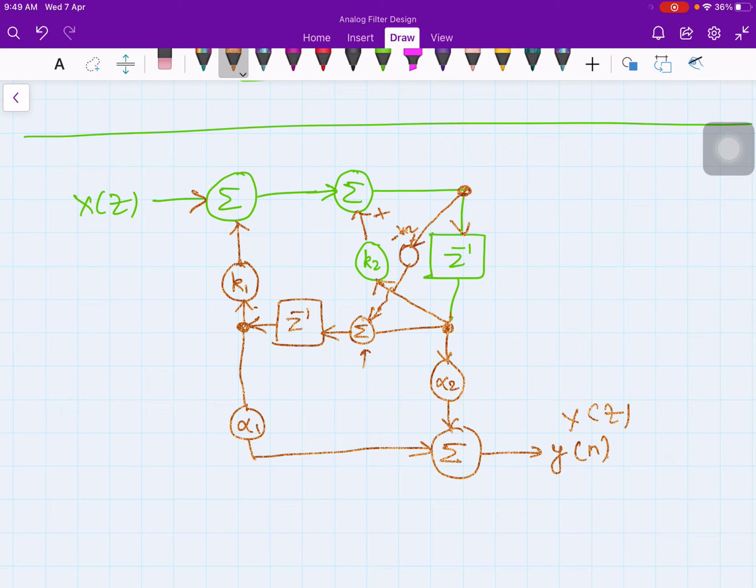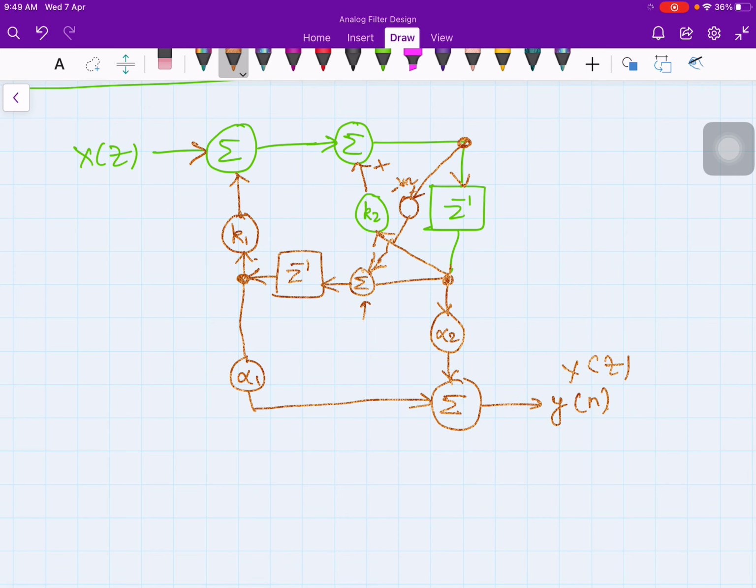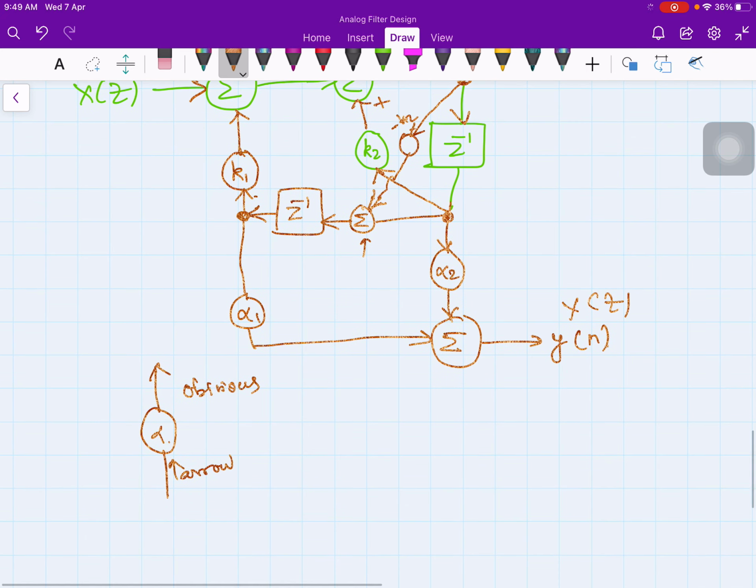You see, if I have not put the arrow here, then because I have indicated the output, the input is obvious. Even if you don't put the arrow in the input, it is obvious, but it is advisable that you must show the arrows. Okay, without arrows, don't leave any link.